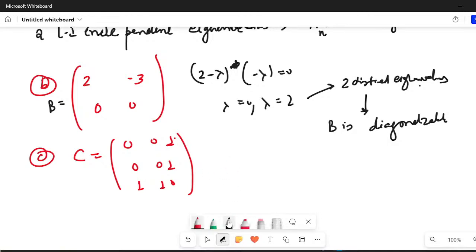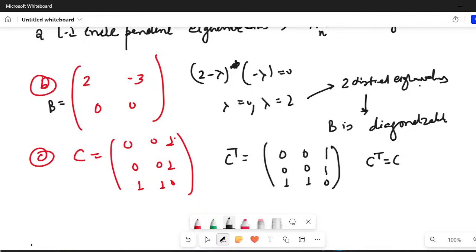Just think about it. If you take C transpose, what are you getting? 0, 0, 1, 0, 0, 1, and 1, 1, 0. So you can clearly see that C transpose is equal to C. It implies C is a real symmetric matrix.